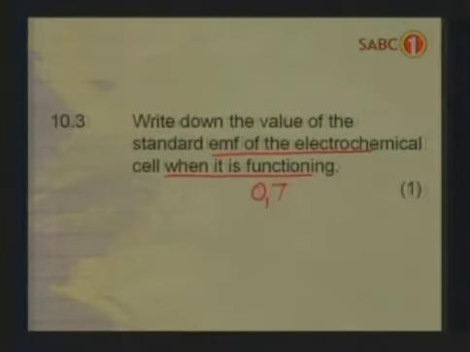The zinc electrode is minus 0.76. But remember that when you work out the cell potential, you're going to take 0 minus minus 0.76, which means 0 plus 0.76. And so when you just write it down, it'll be 0.76 volts.